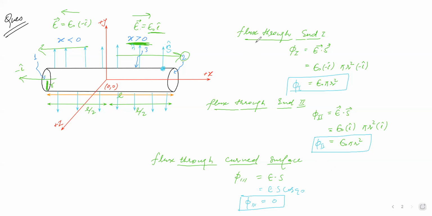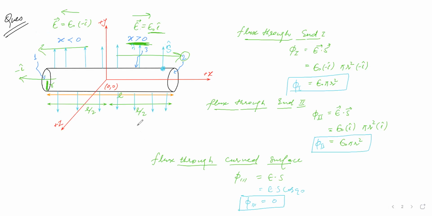And now we have the values of phi 1, phi 2 and phi 3. What is the total flux through this cylindrical surface? The total flux can be calculated as phi is equal to phi 1 plus phi 2 plus phi 3. Phi 1 is E naught pi r square.